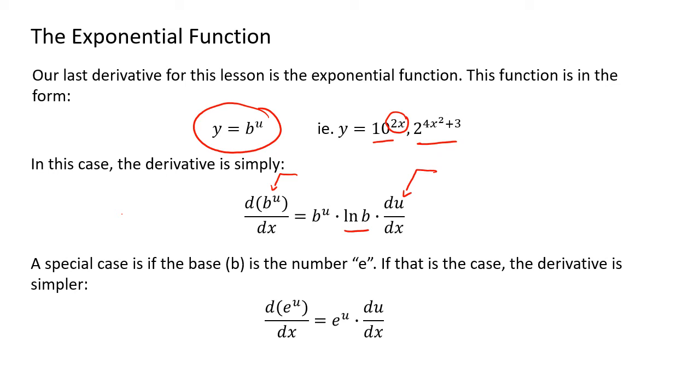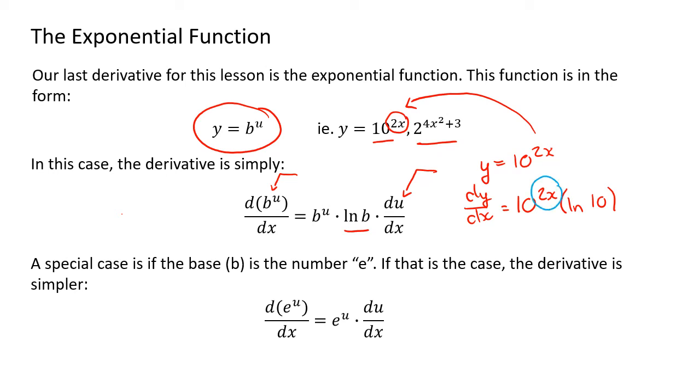So using y equals 10 to the 2x, I'm just taking the example from here. The derivative of that, dy by dx, would simply be that same function, 10 to the 2x, times the ln of the base, which is 10, times the derivative of this function.